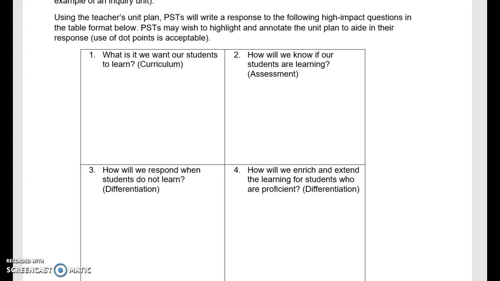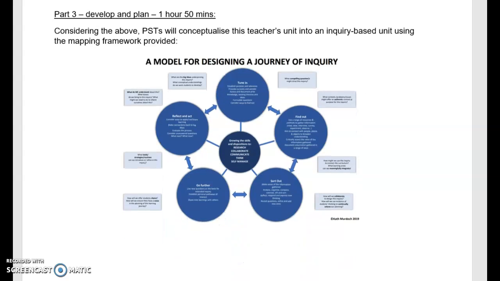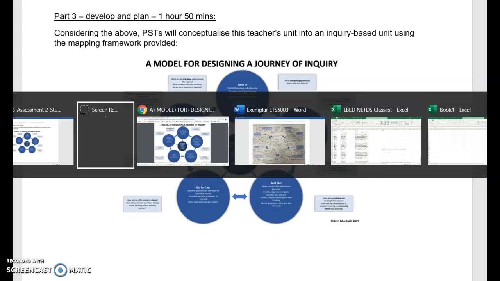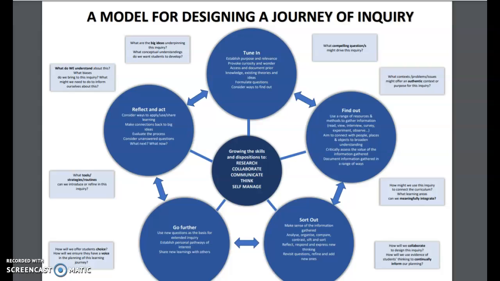Using the ideas you've come up with from these four questions, you are going to conceptualize this unit into an inquiry unit. An A3 framework sheet will be given to you by the workshop teacher, which you can write on, and it will look like this, but blank. On this document, you're going to be brainstorming and outlining the skeleton of this inquiry-based unit.